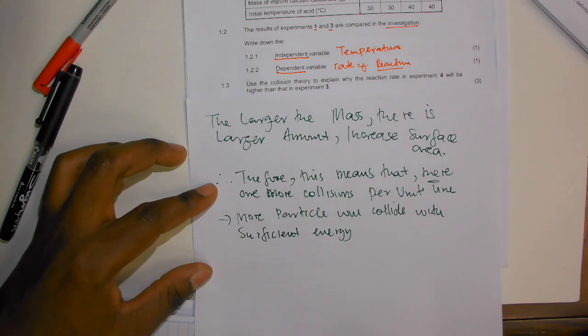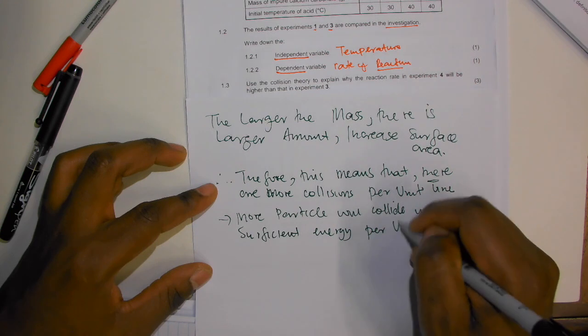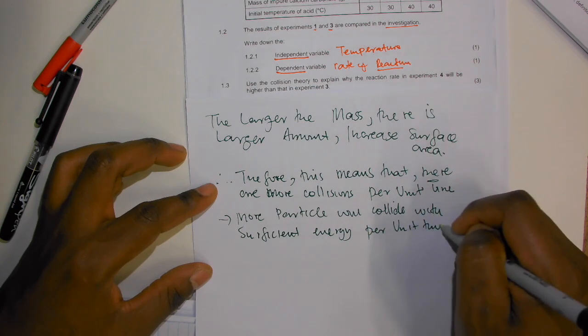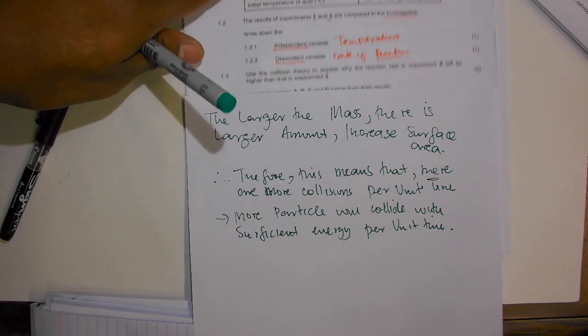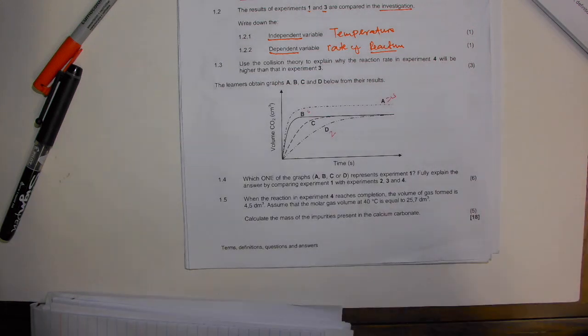Is that okay? Per unit time. And then you're done giving them the explanation for 3 marks there. So guys, please make sure you are able to do that. You're not gonna die if you try to explain everything that you need to explain in a question, okay?